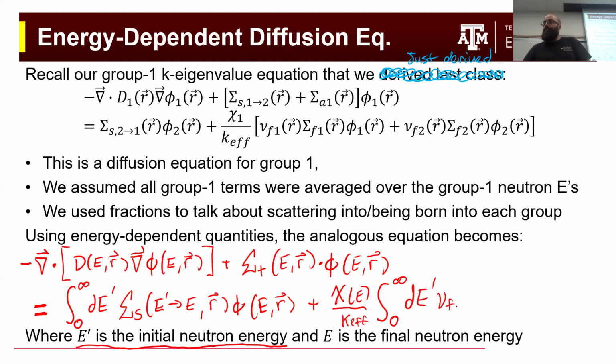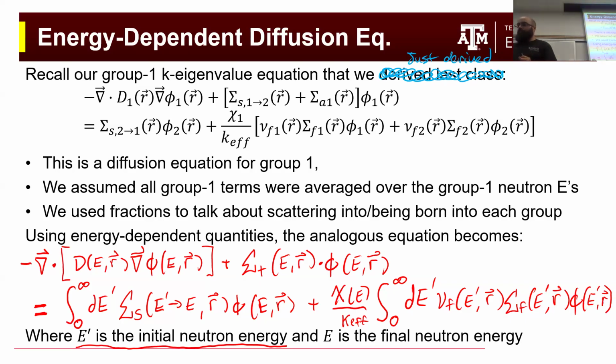So I have a nu sigma F, which could depend on the incident energy and position, and my energy dependent flux as a function of that incident energy and position. So this is what my energy dependent diffusion equation would look like.